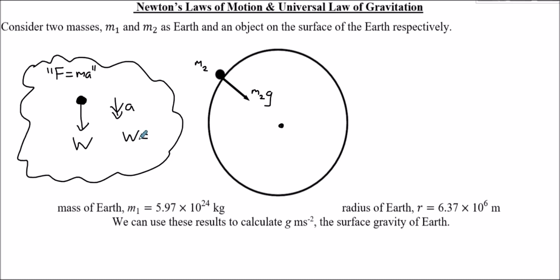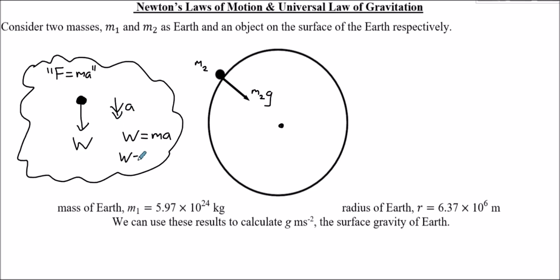So weight equals the mass of the object multiplied by its acceleration. But the only acceleration it'll be experiencing will be the acceleration due to gravity. And so here, a is the same as g. g is the acceleration due to gravity. It's not being pulled down because some other force is pulling it towards the Earth. The only acceleration will be because of gravity.